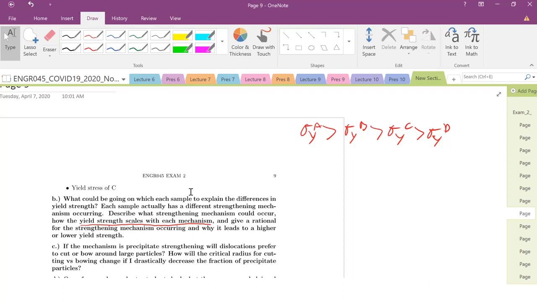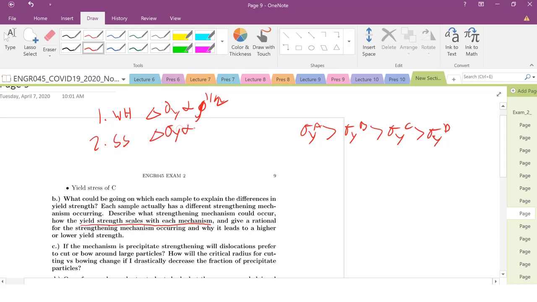So let's think about our 4 strengthening mechanisms. I have my work hardening, and that's going to be sigma y proportional to dislocation density to the half. I could do my solute strengthening, sigma y proportional to C sol to the half.